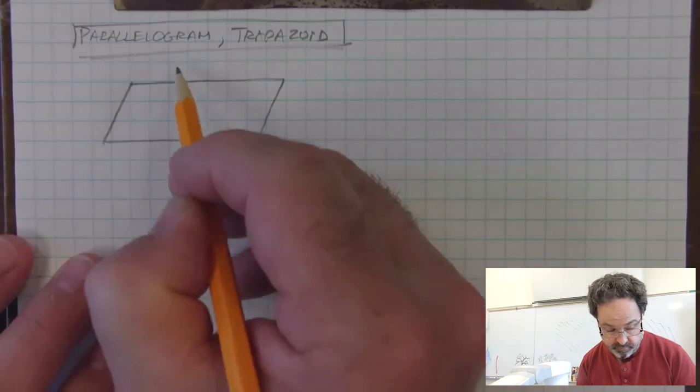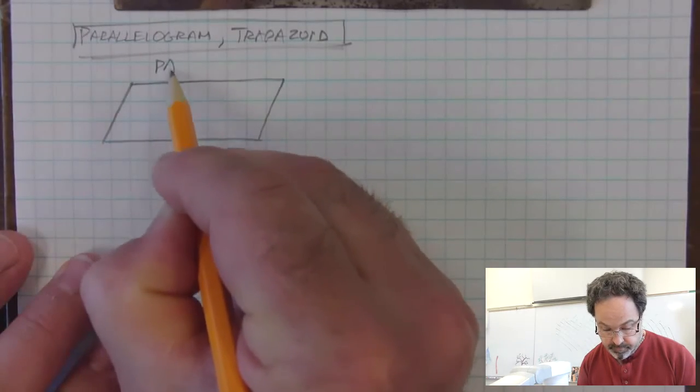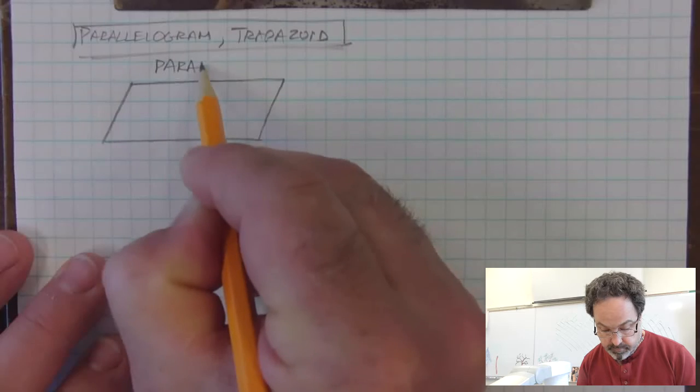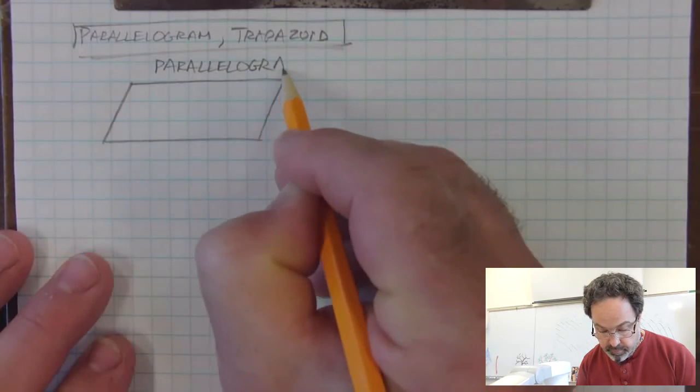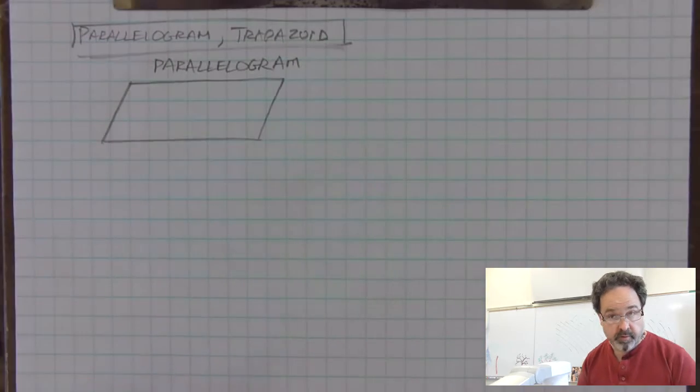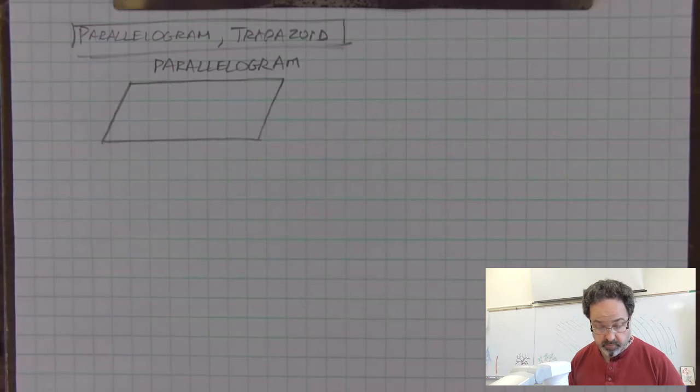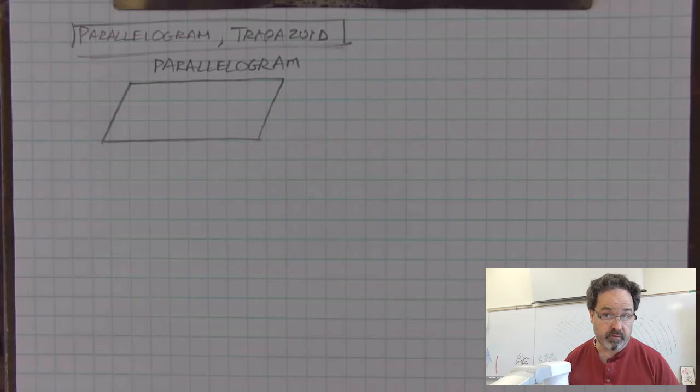A parallelogram has four sides. It's a quadrilateral, because quadrilateral means a shape that has four sides, but a parallelogram has more properties that are reliable, that we may know about it because it's a parallelogram, than just having four sides.